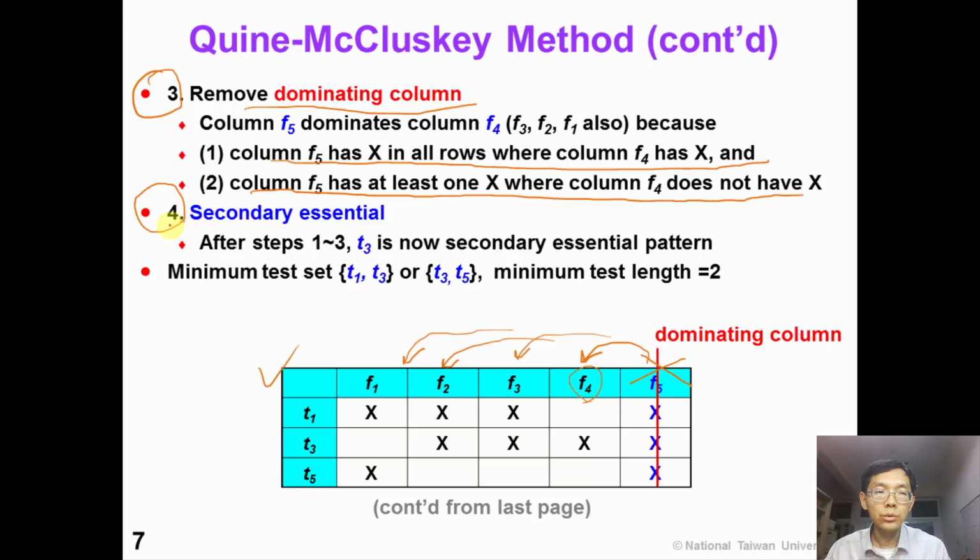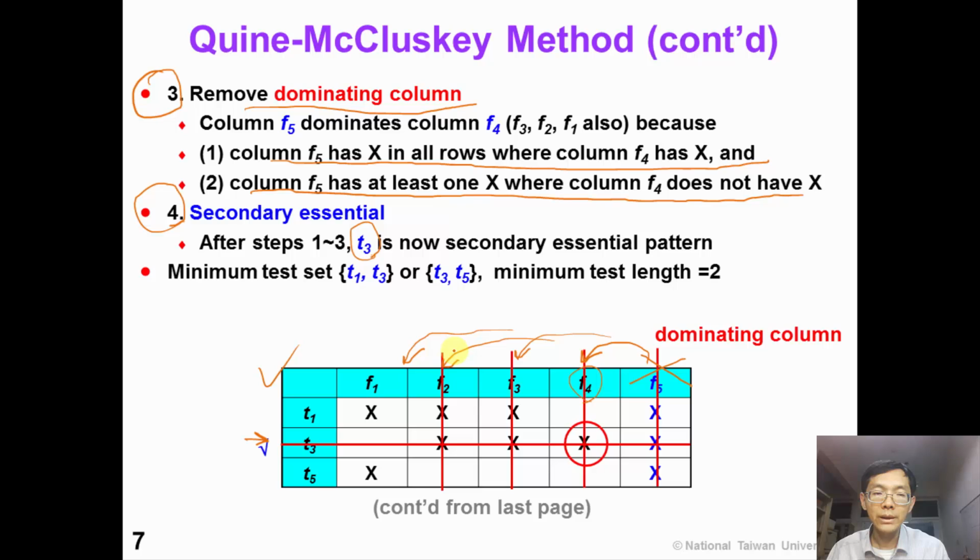Finally, the last rule. After the previous 3 steps, T3 has now become secondary essential, and we must select test T3, which is a secondary essential pattern.